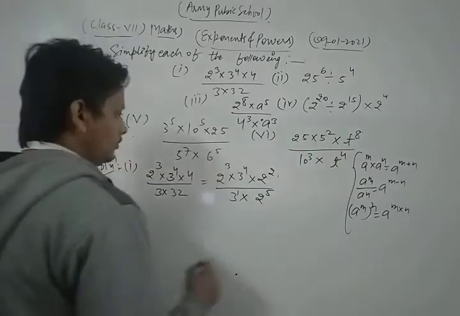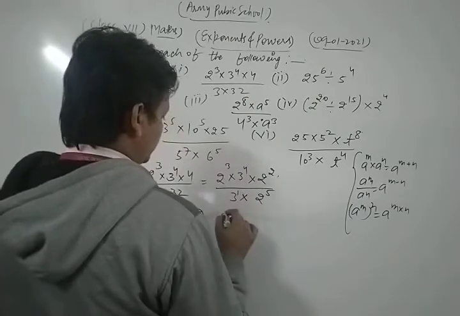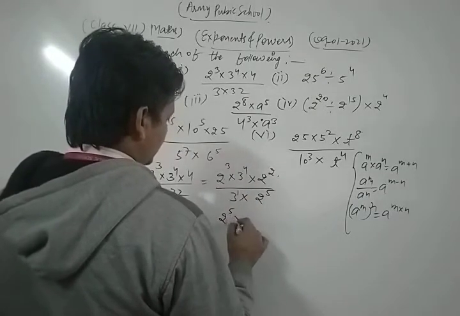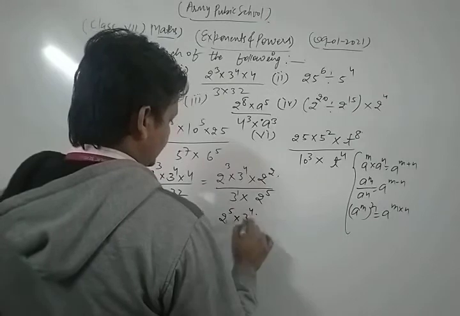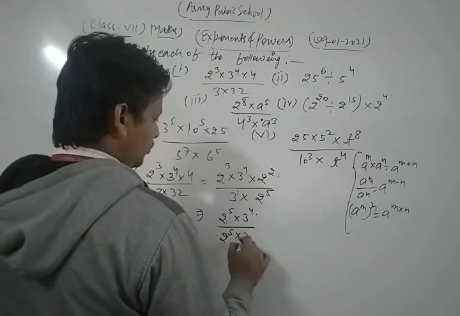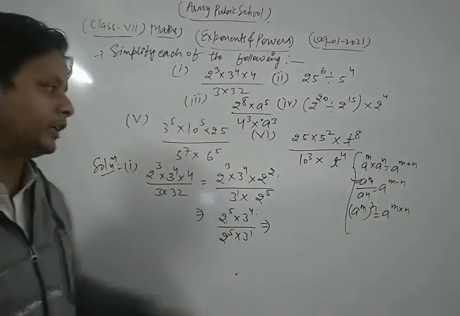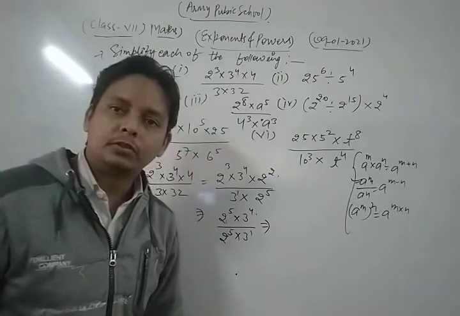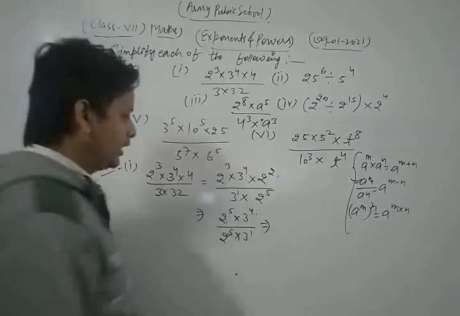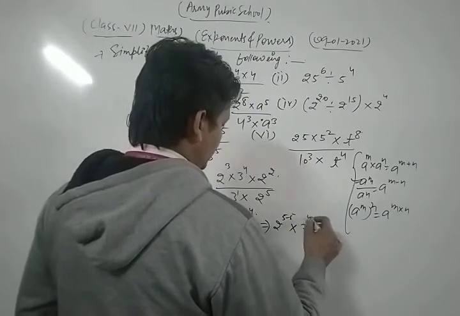Now we simplify, so we get 2 power 3 plus 2, that is 2 power 5, into 3 power 4 as it is, upon 2 power 5 into 3 power 1. Here we apply the law of exponents: a to the power m upon a to the power n is a to the power m minus n. So we write 2 power 5 minus 5 into 3 power 4 minus 1.